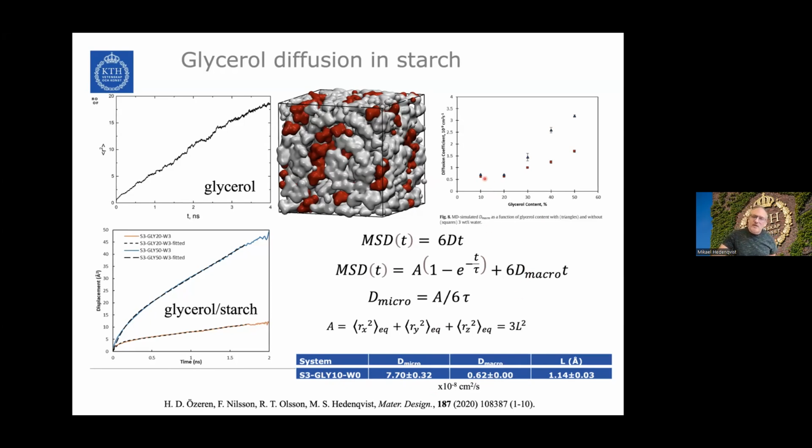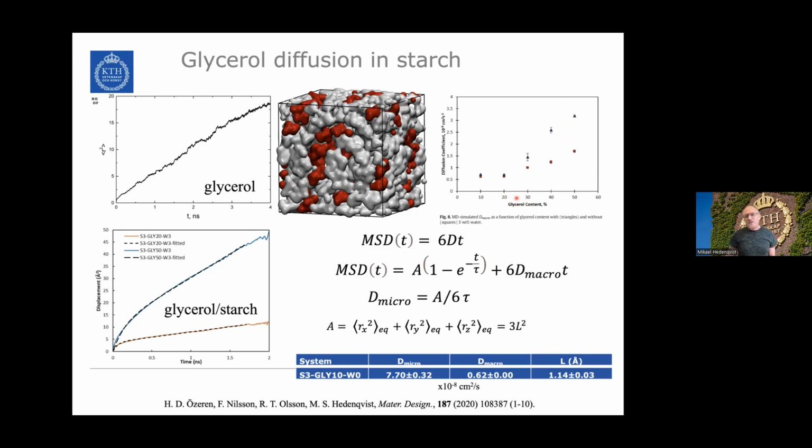What is also interesting here is that with MD you can look at the diffusivity as a function of plasticizer content, as you can see in this graph. This is the same system. And what is very interesting is that there is a change in the curve between 20 and 30% glycerol.